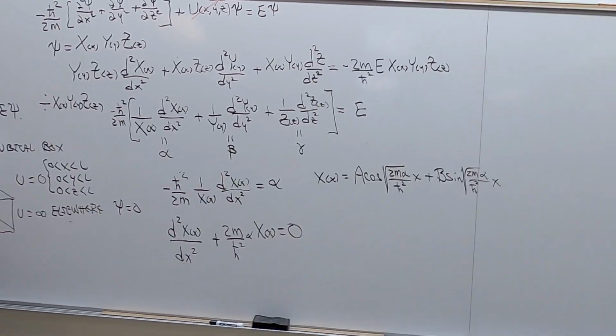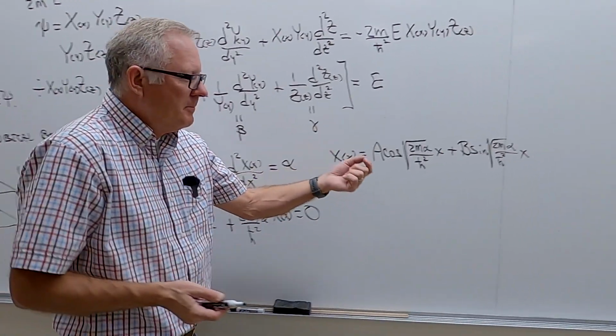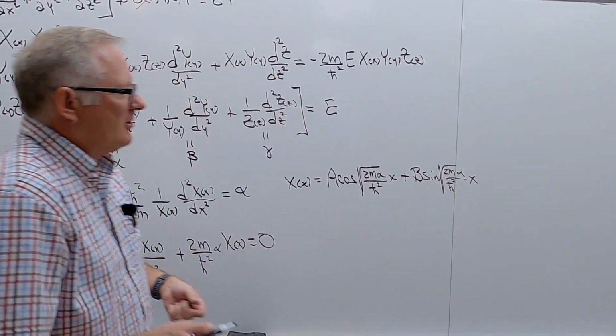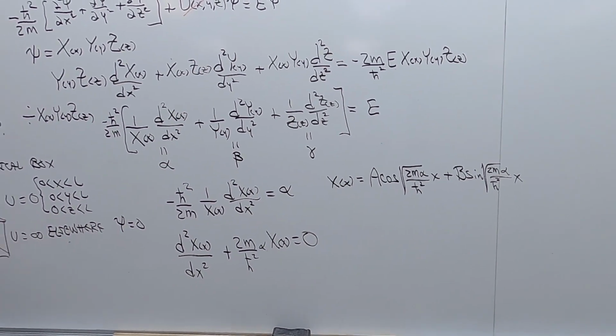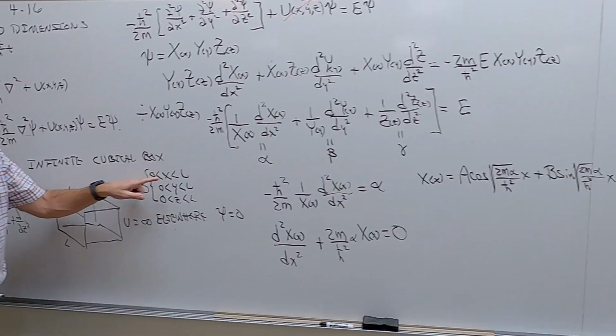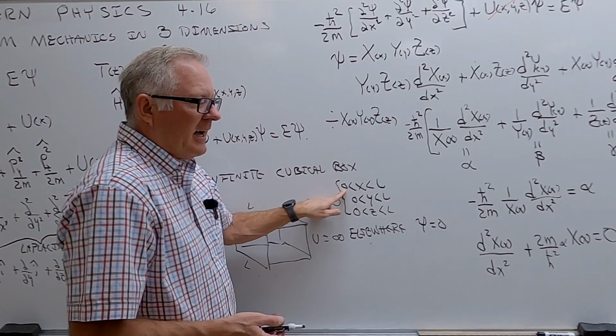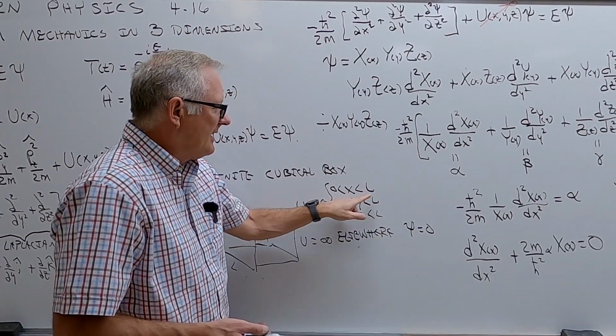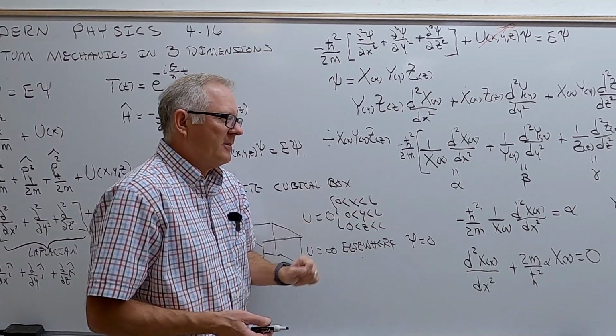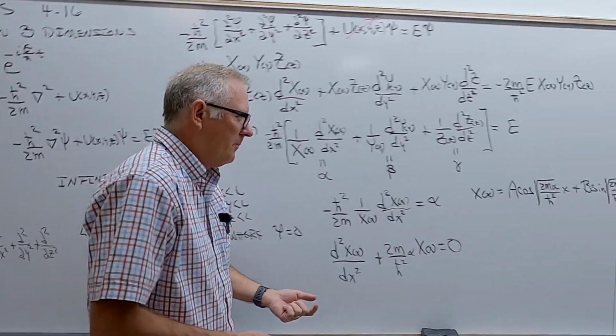And then how did we get our A's and alphas and so on? We looked at the boundary conditions. We said at x equals 0, psi has to be 0, and at x equals L, psi had to be 0, just like we did with the infinite well.